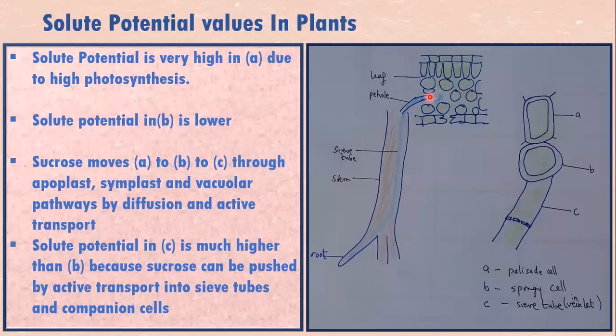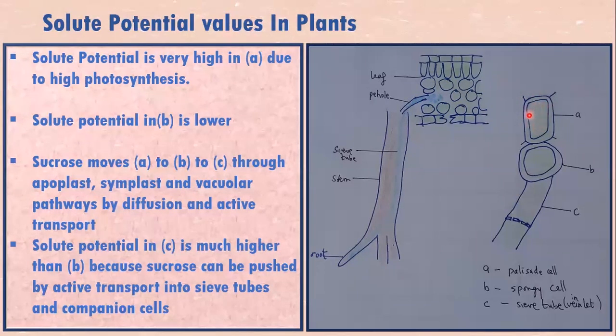Right. Now, before we put down the solute potential values in pascals, we want to tell ourselves that the solute potential at the source in the leaf will be high, especially the solute potential in the palisade cells, where photosynthesis takes place greatly because the palisade cells have a lot of chloroplasts.